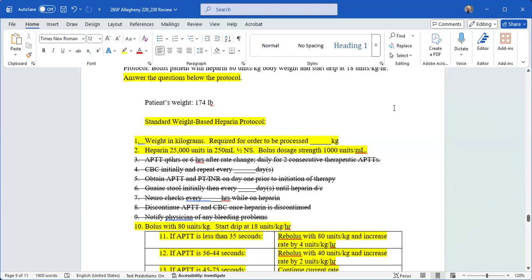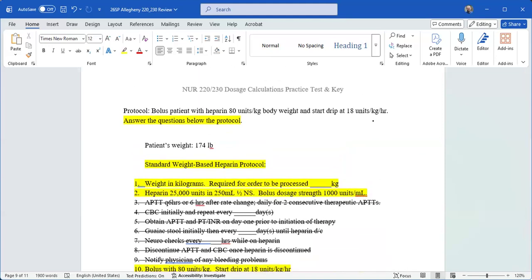So it tells me first and foremost that my order is to start a bolus of 80 units per kilogram and then to start an infusion at 18 units per kilogram per hour. We're going to talk about that.